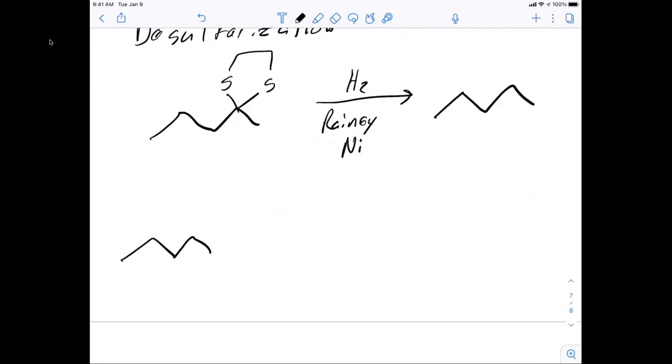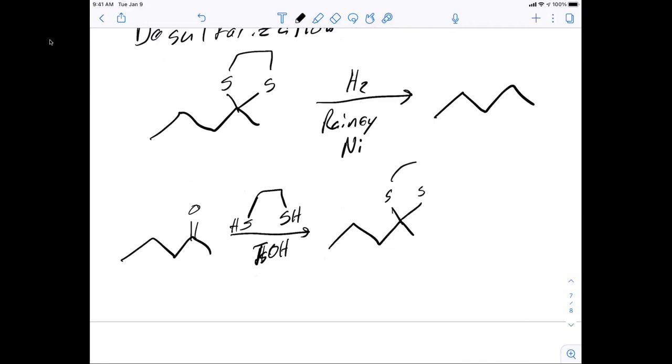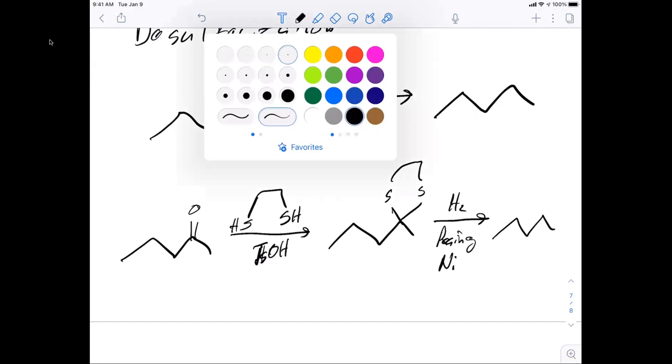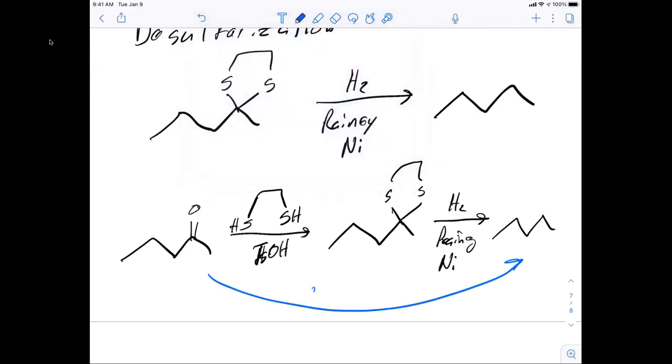This gives us a way to reduce carbonyls through the cyclic thioketal or thioacetal down to the alkane. So we've done a reduction.